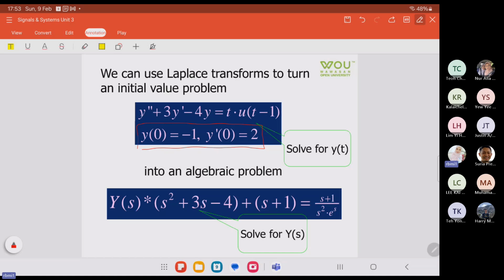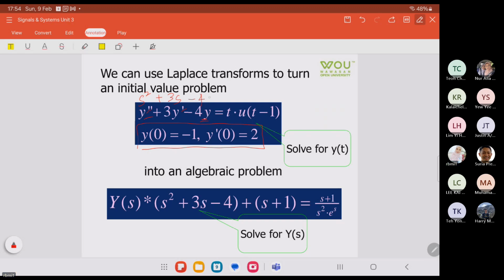This one we consider a higher derivative because we have a double prime, this is a single prime, and this is for y. If it is a double prime, we get s squared. For 3y prime it becomes plus 3s. If it is no derivative or no prime, it is minus 4.